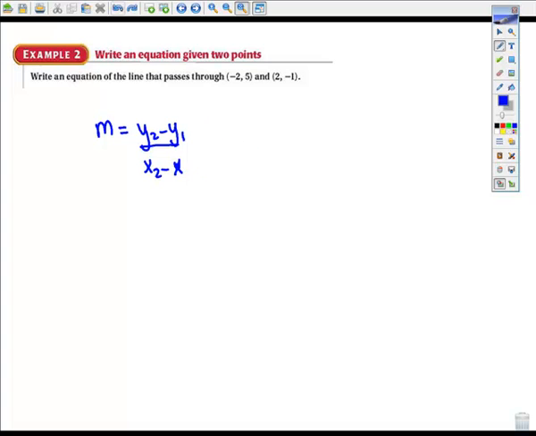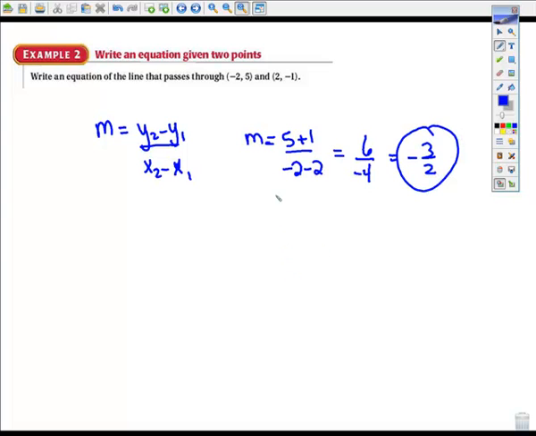So I'm going to go 5, subtract -1 is really add 1, and -2, subtract 2. This gives me 5 plus 1 is 6, -2, subtract 2 more is -4, and I'll simplify this to -3 halves. So there is my slope. I'm not going to call it -1 1/2 because I want a rise and a run.